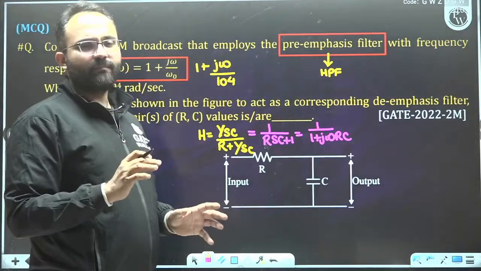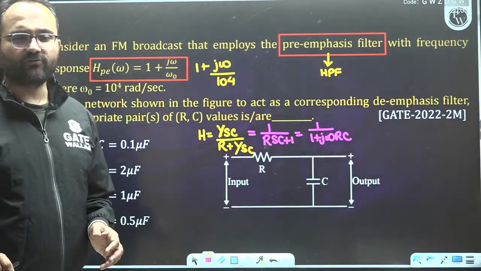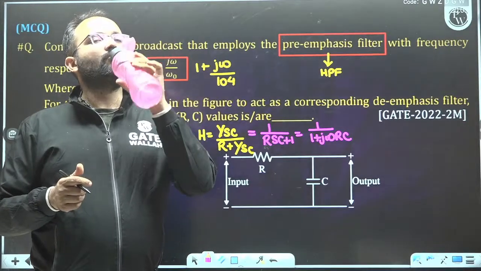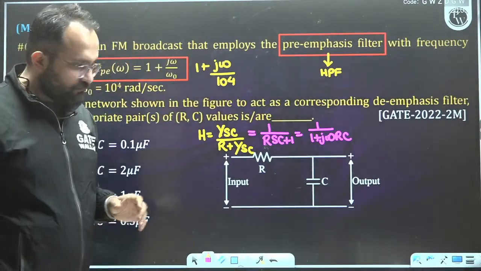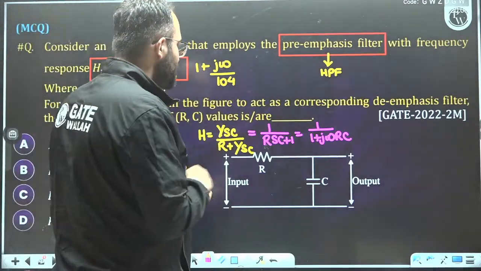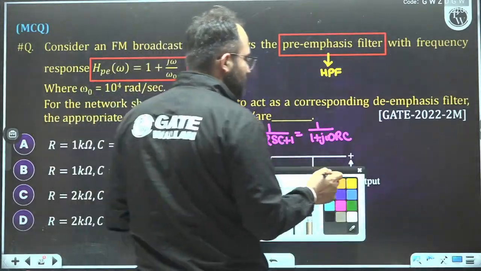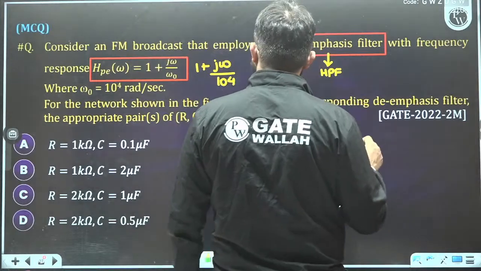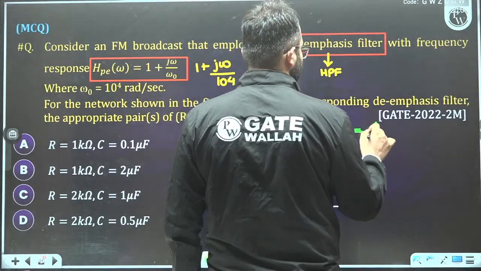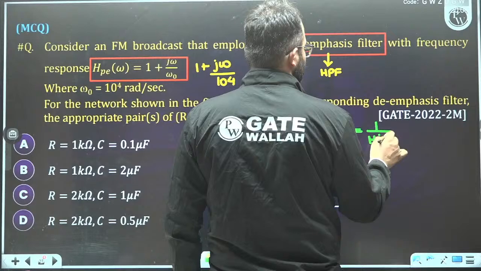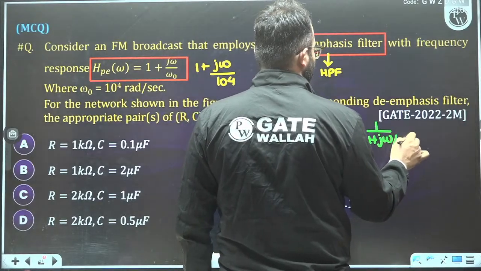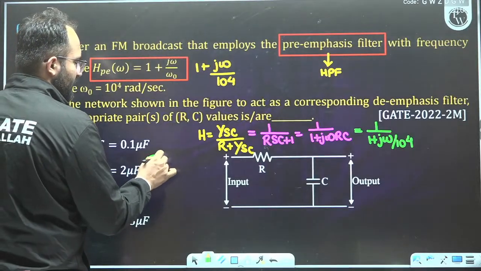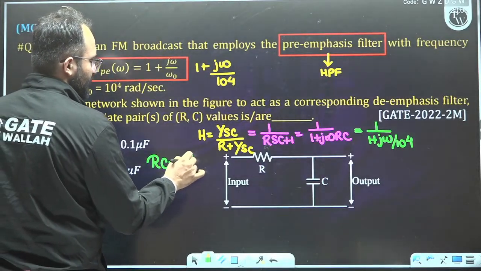We want the pre-emphasis and de-emphasis to actually cancel each other's effect. So the de-emphasis should be simply opposite to the pre-emphasis. So we want this to be 1 upon 1 plus j omega divided by 10 to power 4, or we can say that we want RC to be 10 to power minus 4.